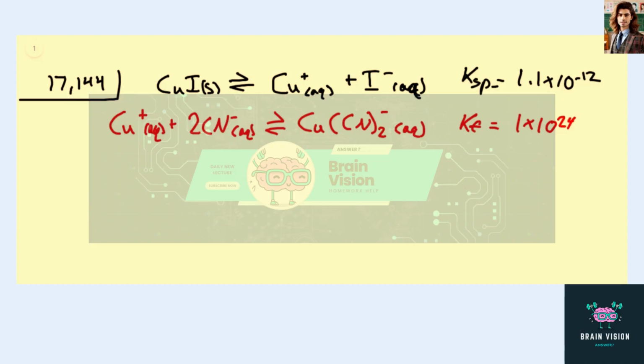So what we need to do now is add our reactions up and cancel. And so we cancel copper and everything else will come down.